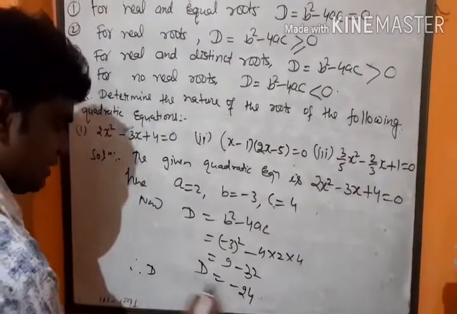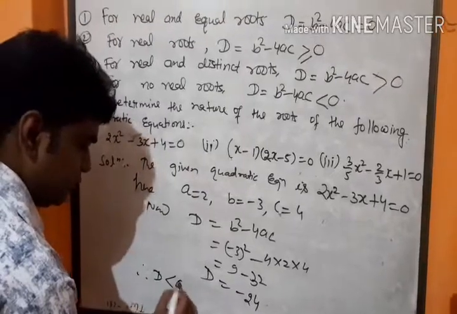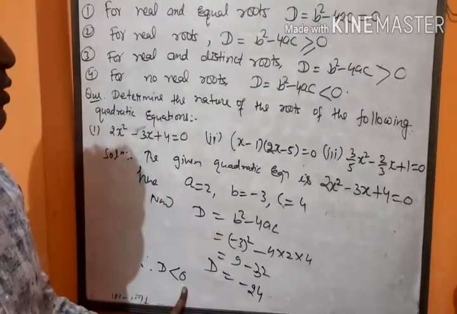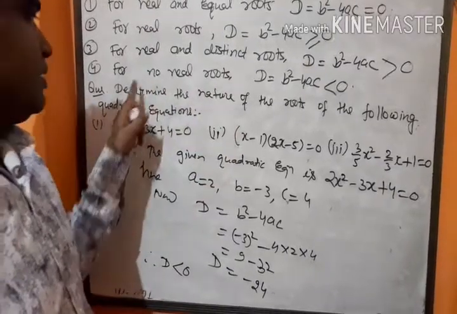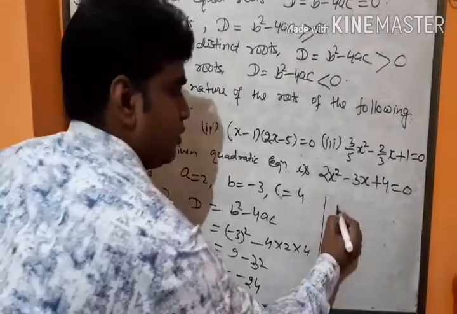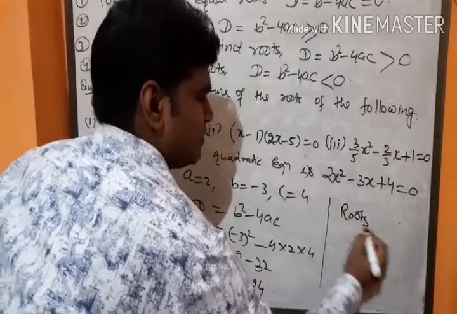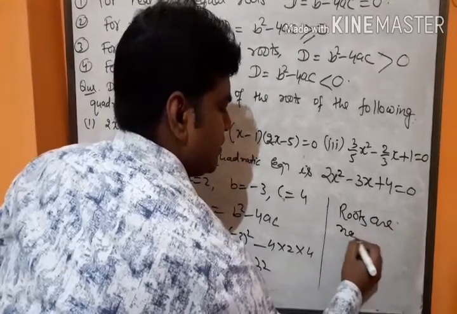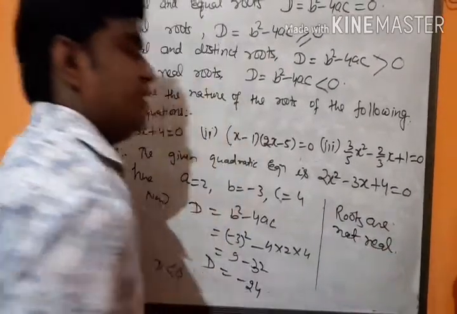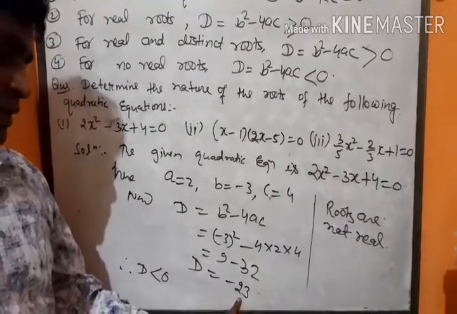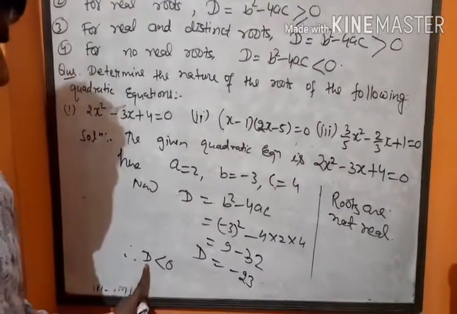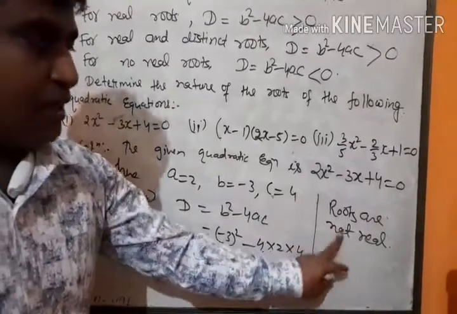Therefore we can say that D is less than 0. So whenever D < 0, in such a condition the roots are non-real. It means the roots are not real, that is, the roots are imaginary numbers. It gives −23, so again the value of D is less than 0, so the roots are not real.